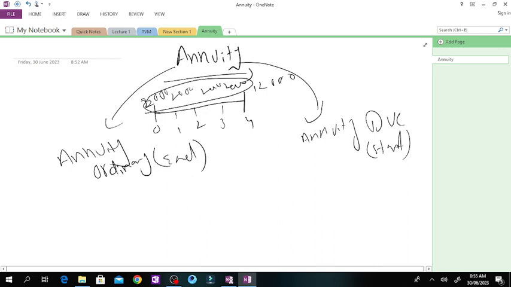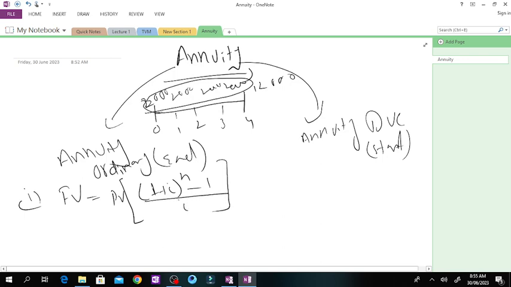So what you have to do is find some formulas in order to get a better understanding. What is the annuity ordinary formula? Whenever we want to find, let's say, future value in the annuity ordinary case, we have the formula: present value times (1 plus i) power n minus 1, divided by i. That becomes the annuity ordinary formula.